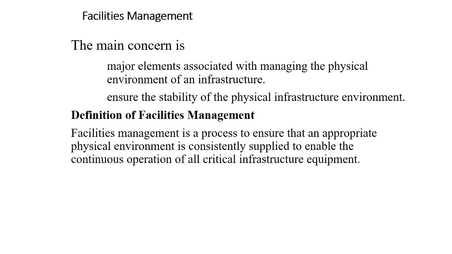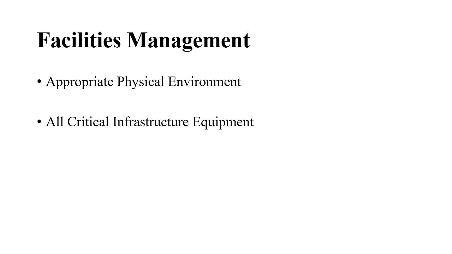Here I have mentioned the definition of facility management. It is a process to ensure the appropriate physical environment. Basically, the major elements over here are the appropriate physical environment and the critical infrastructure equipment. For the appropriate physical environment, it means how the facilities are given for the environmental structures, like air conditioning, humidity, electrical power, static electricity.